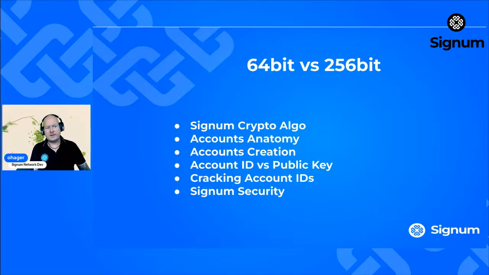It's mainly called 64-bit versus 256-bit. These are the basic things I'm trying to cover. I'm not a crypto expert, to be honest. I just applied the cryptography we have here, so they're not exact things because it's an exact science. Please forgive me, it's just a disclaimer.